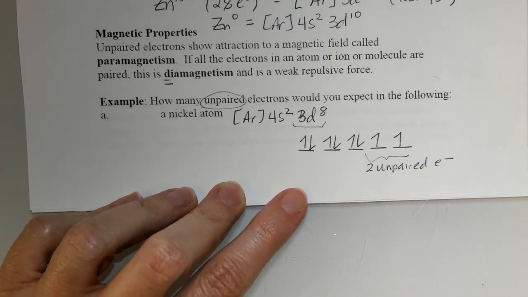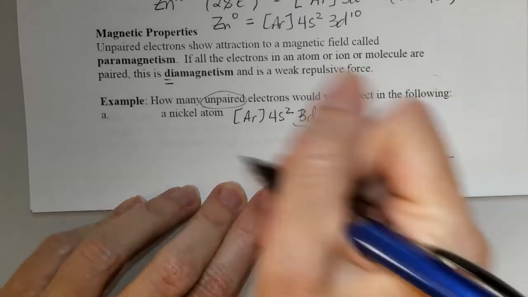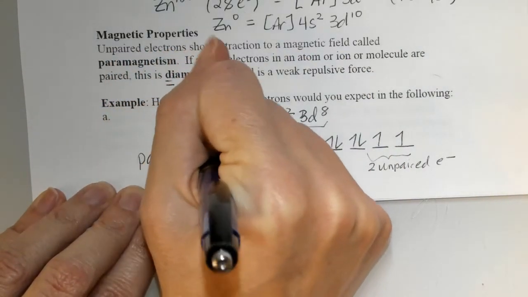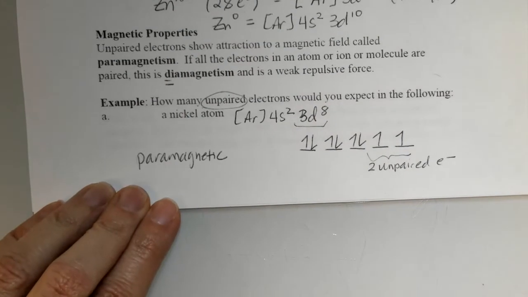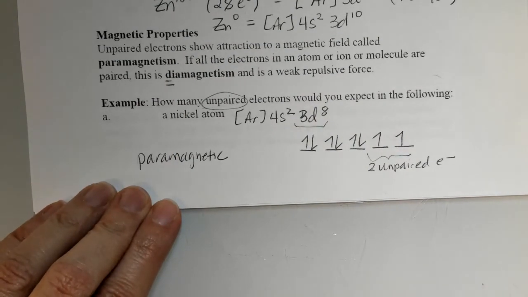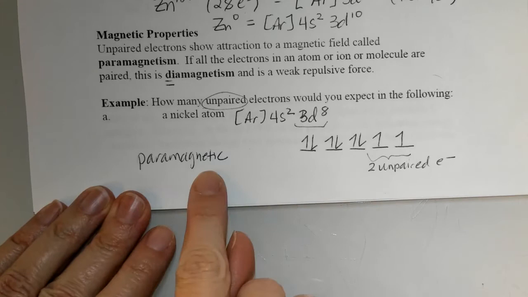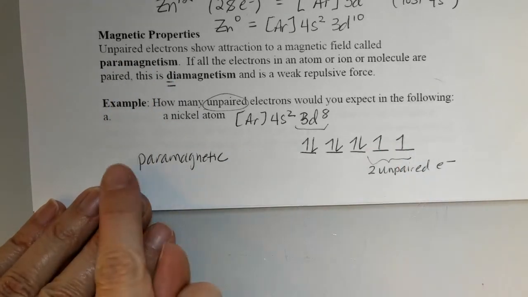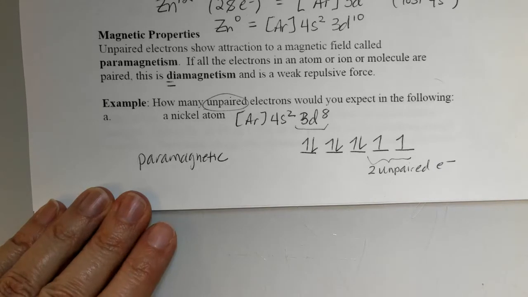And so again, what we would say here is that nickel is paramagnetic, all right? Because if it were diamagnetic, everything would be in twos, di for 2, right? So paramagnetic means we have unpaired electrons. So any unpaired electrons is where we have that paramagnetism.